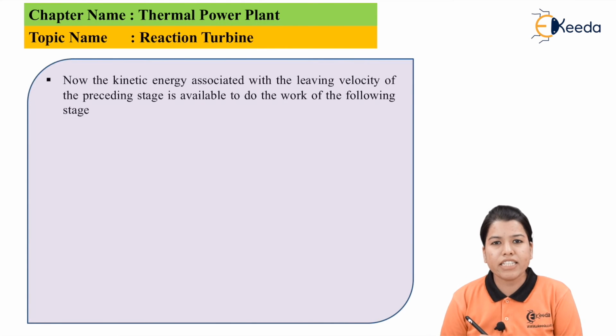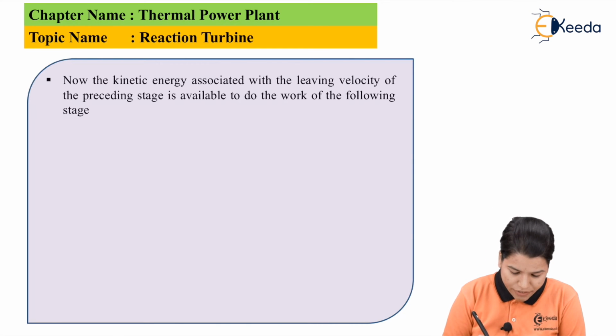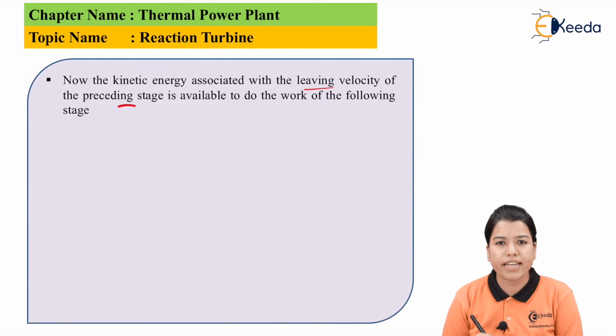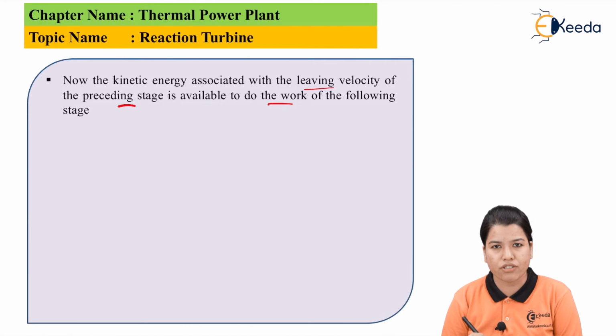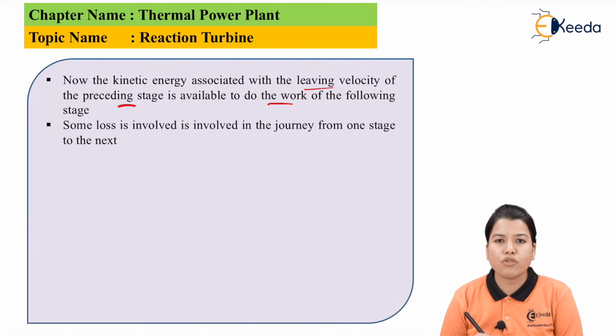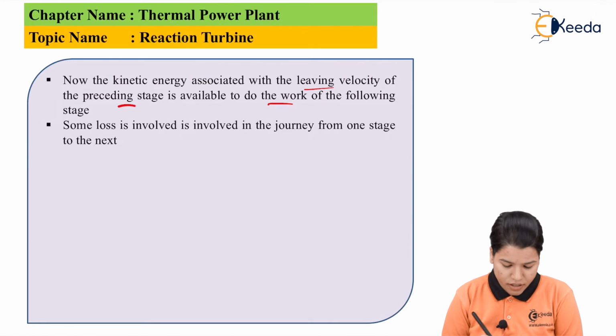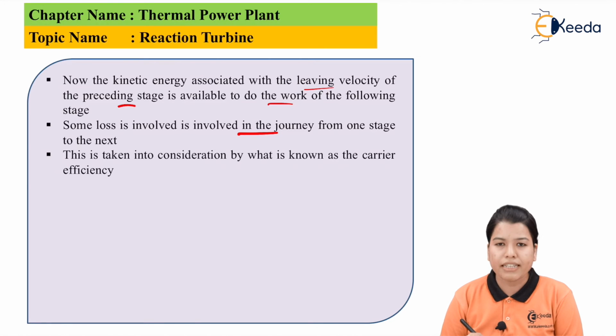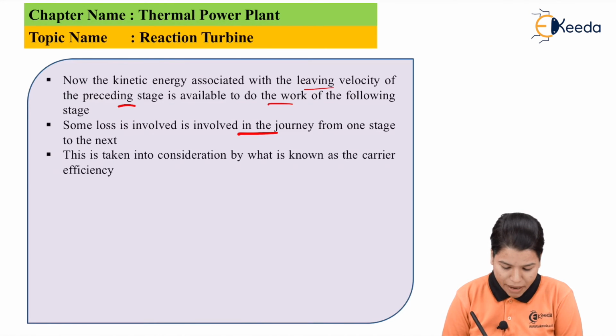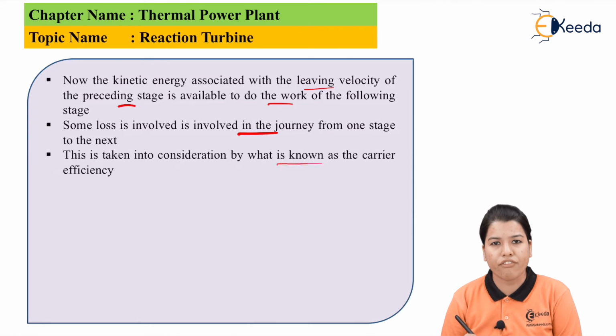Now the kinetic energy which is associated with the leaving velocity of the preceding stage is always available to do the work of the following stage. So some losses are always involved in the journey from one stage of the steam to the next stage. Now this is taken into consideration by considering the carryover efficiency.